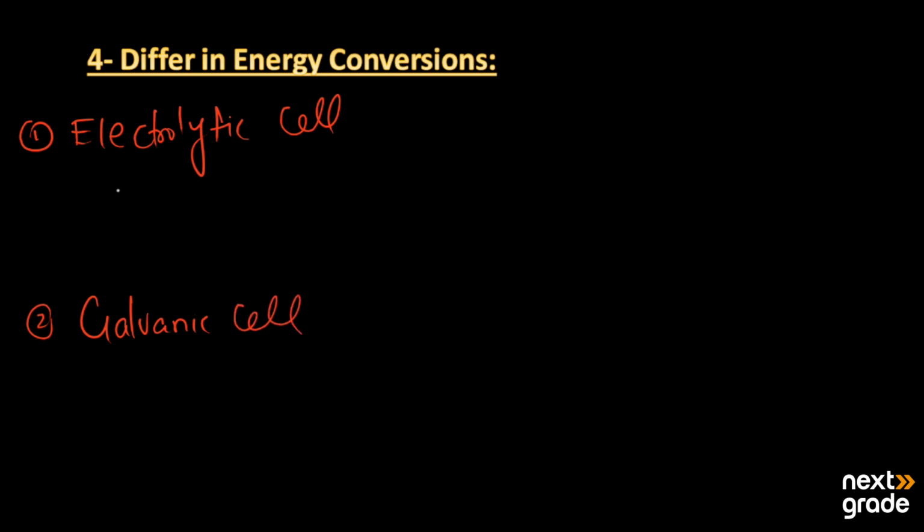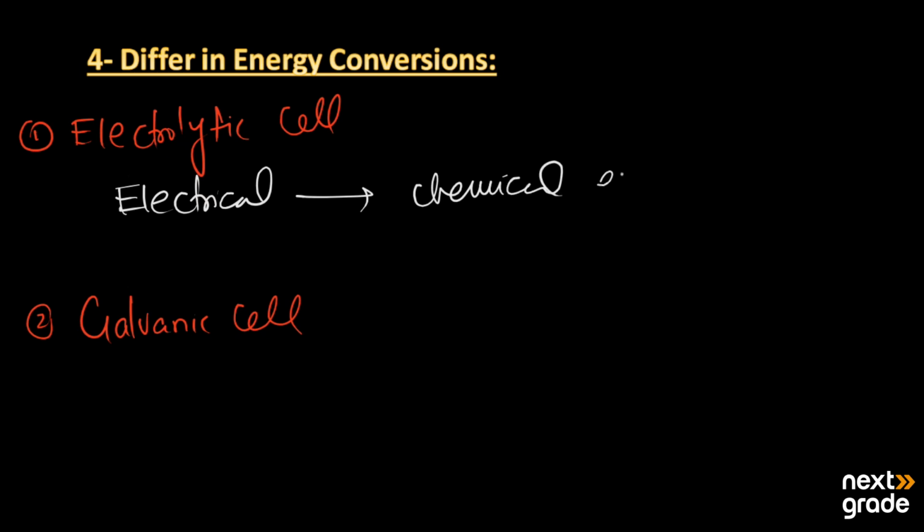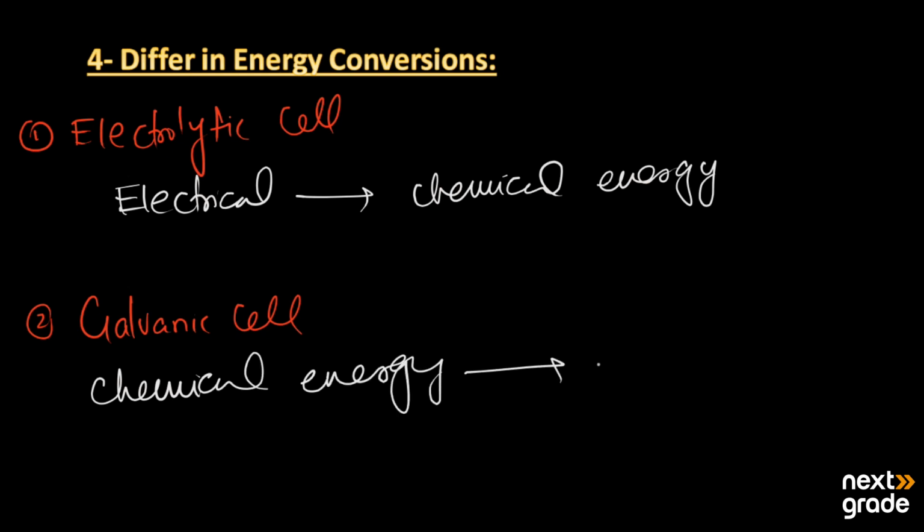In the electrolytic cell, electrical energy is converted into chemical energy by a non-spontaneous process, and in the galvanic cell, chemical energy is converted into electrical energy, and that reaction is a spontaneous process.